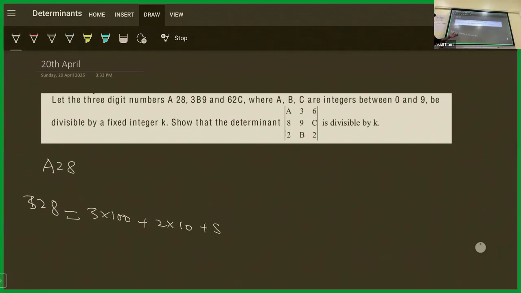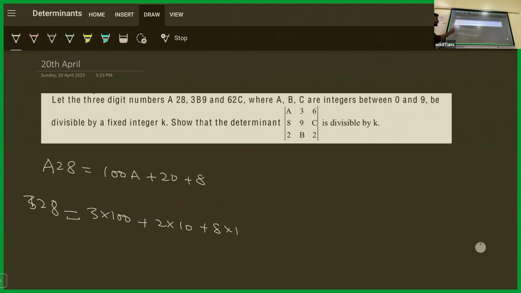And now if you add all these, we again get 328. Similarly, tell me how we can write A28 in expanded form. A into 100, so 100A plus 2 into 10, so 20, plus 8. Any other doubt in this?